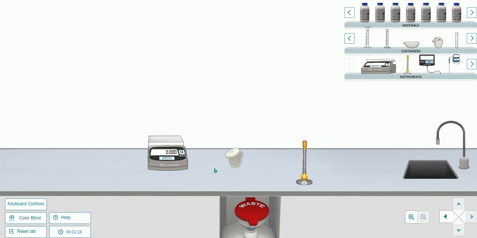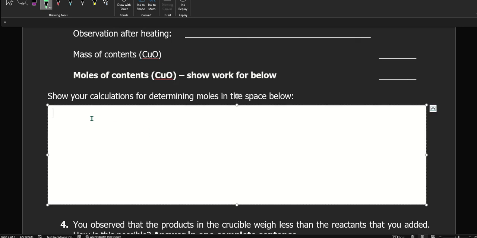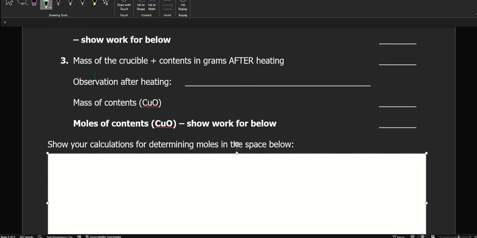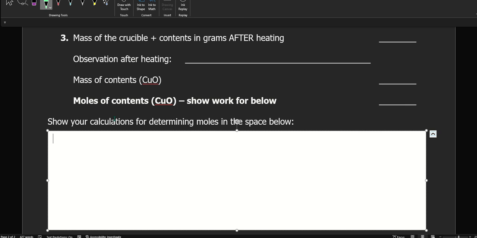Okay. Now I want to go back to this lab handout, and I want to show you how you would actually complete these calculations, or give you an example. I'm going to take kind of a random amount of this copper 2 carbonate hydroxide, and I'm going to show you what I'm looking for in these types of calculations.